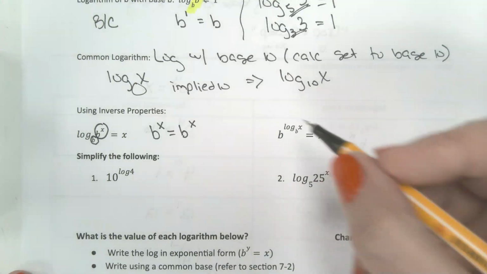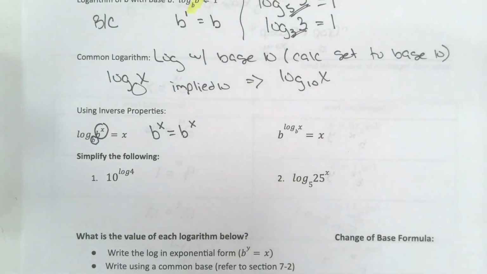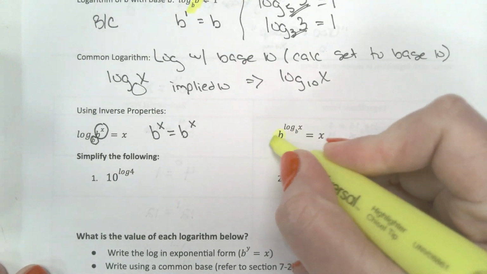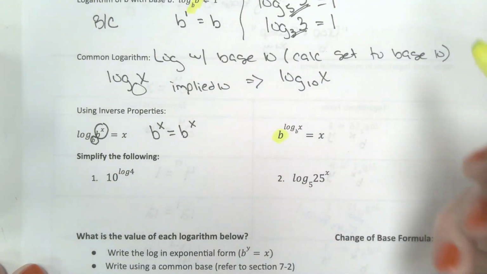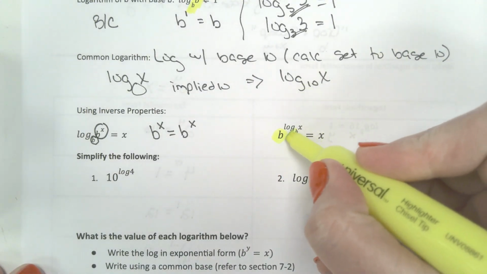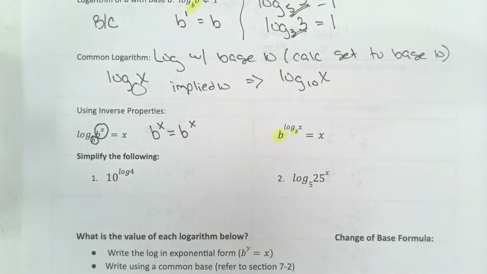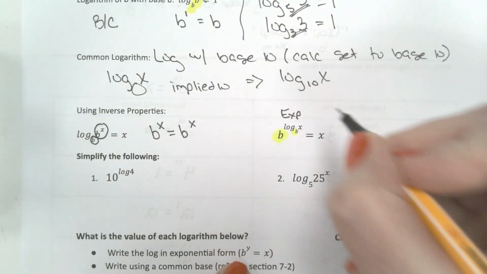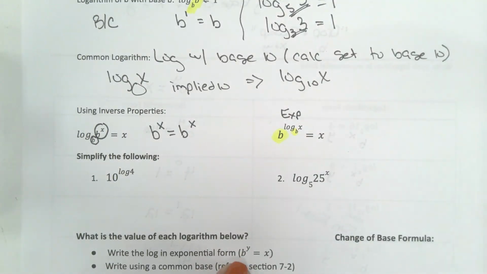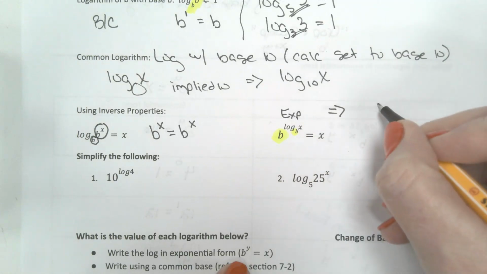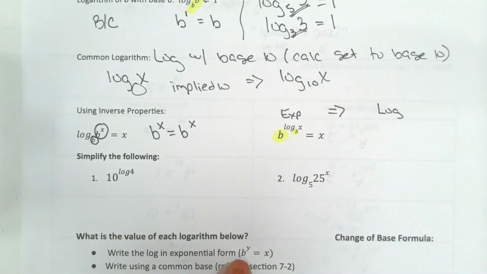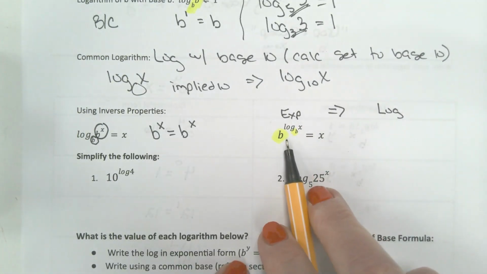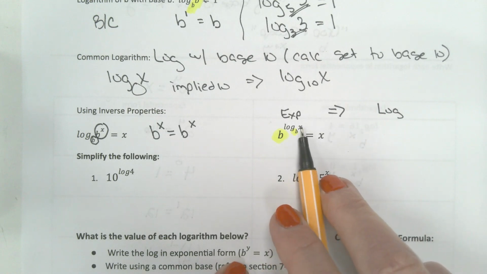Same thing here. So I have this b, and my exponential is a log, but I have a b right there. So this is actually in exponential form, and I'm going to change this to log form. So this is exponential. You just have to know that the log is just simply part of your exponent.